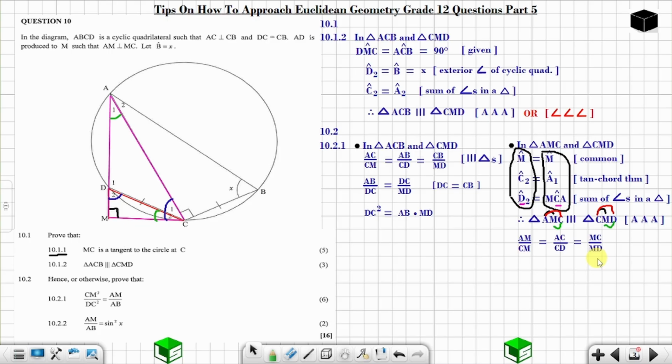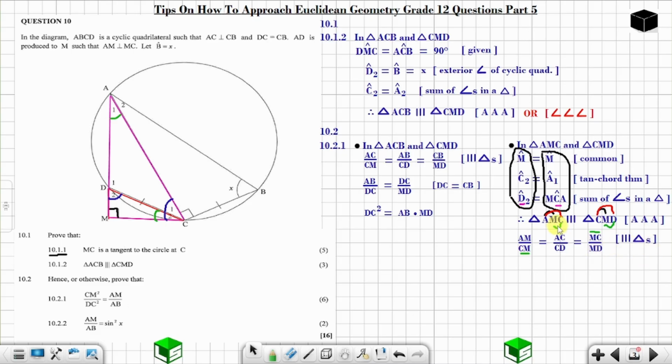Okay, so now you need CM squared. You have CM there and CM there. CM times CM. Always write the reason why you can write the proportionality equation, because the two triangles are similar. This is why you can write the proportionality equation.